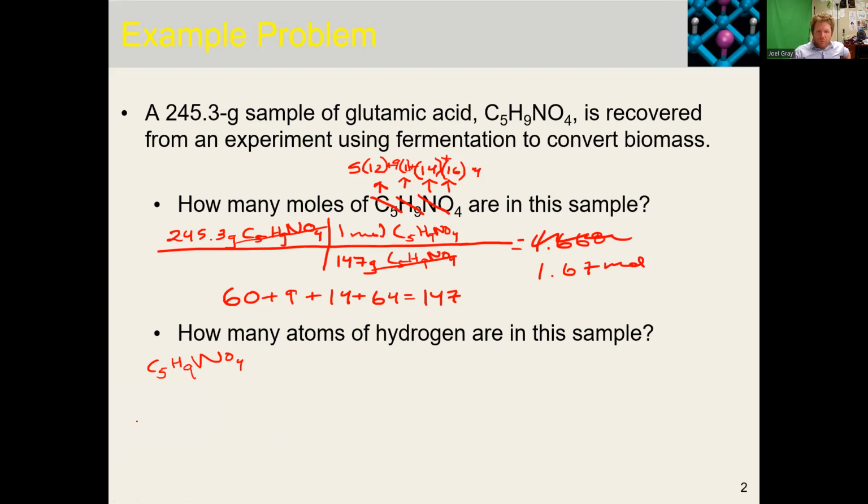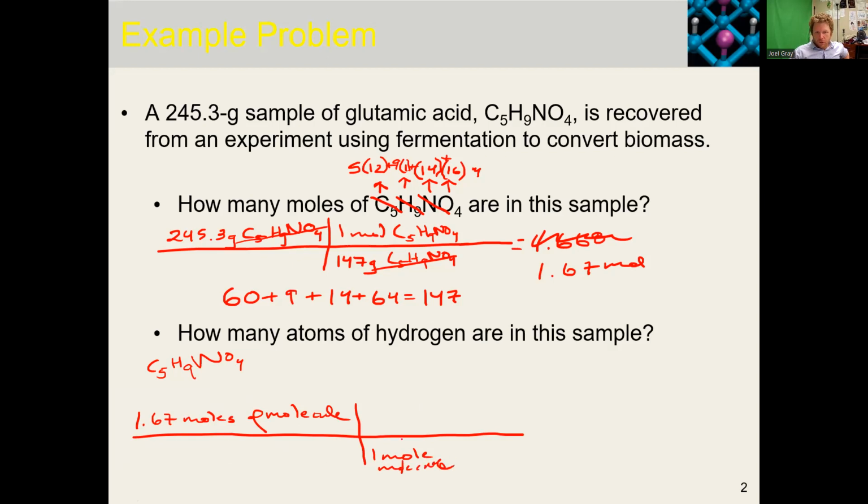This sample, we have 1.67 moles of this molecule. Okay, so if we have 1 mole of this molecule, we have 6.02 times 10 to the 23rd molecules.